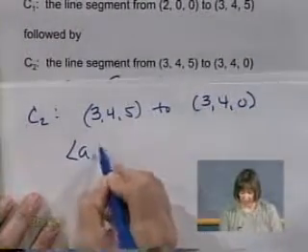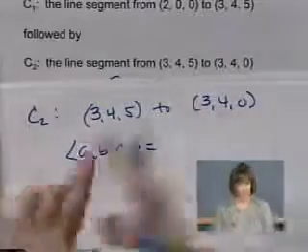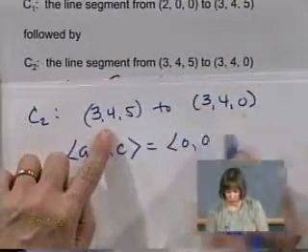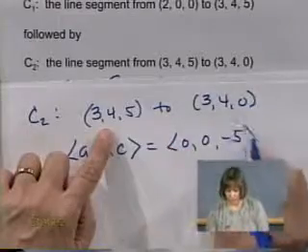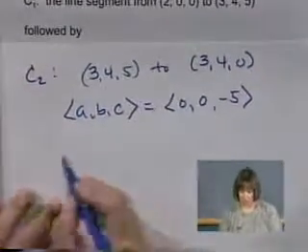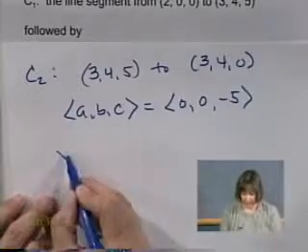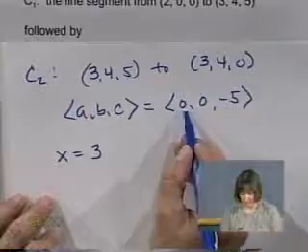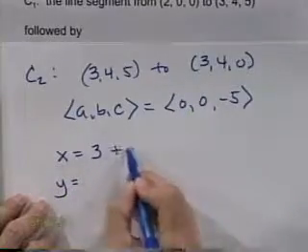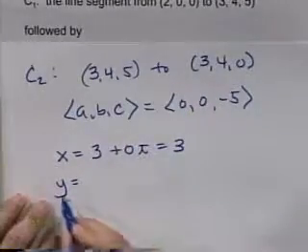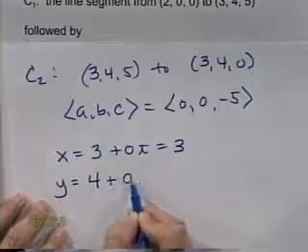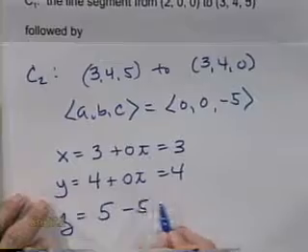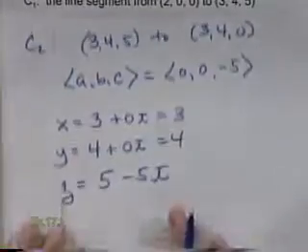Notice your vector A, B, C, which you get by subtracting, is 3 minus 3, which is 0, 4 minus 4, which is 0, 0 minus 5, which is negative 5. So we have x equals x naught, which is 3, plus 0 times t. Y is y naught plus 0 times t, which is 4. And z is z naught plus negative 5 times t.